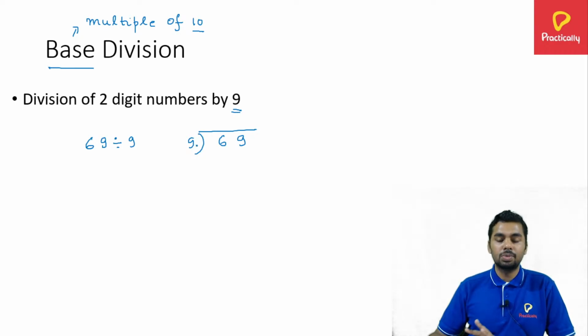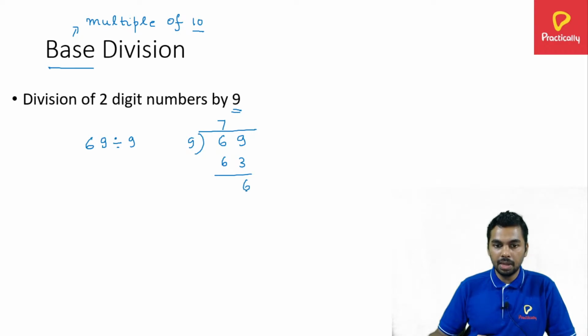So 9 times 1 is 9, 9 times 2 is 18, 9 times 3, etc. If you know the multiplication table, you know 9 times 8 is what? 72. So 72 is greater than 69. So you just need to reduce 1. 9 times 7. So that is the closest number which is less than 69. So I'll write 7 on top. 7 is the quotient and the product is 63.